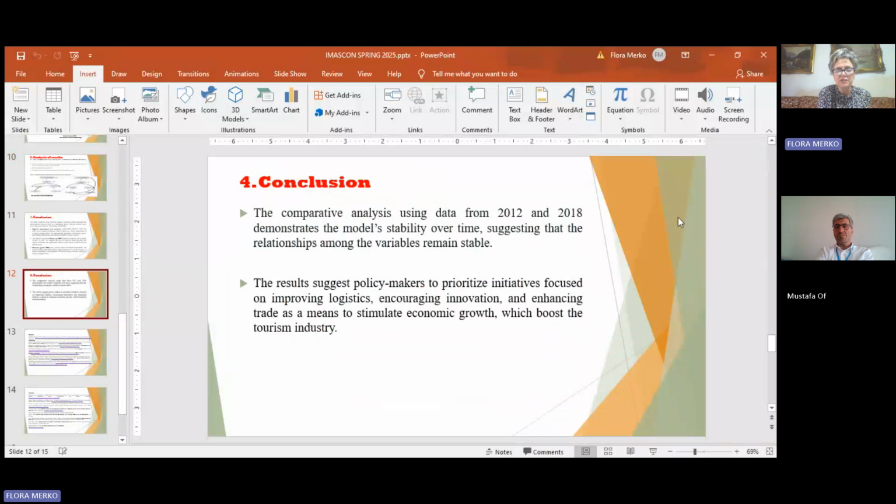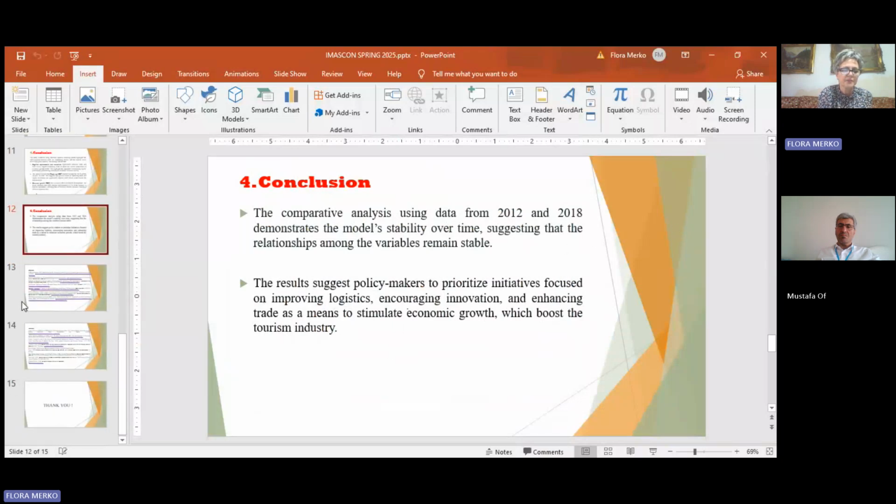So we can finally say that economic growth and tourism are related with each other because it's a bilateral connection between them. Economic growth affects tourism, and tourism affects economic growth.